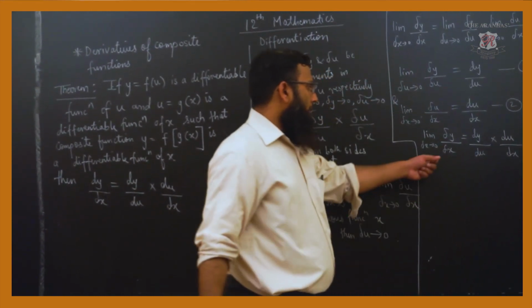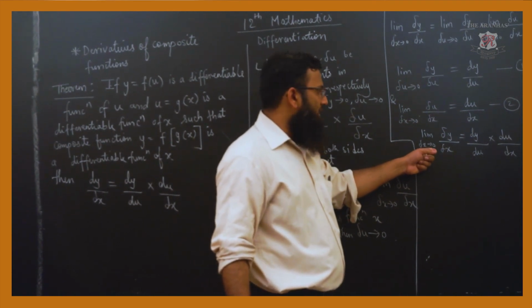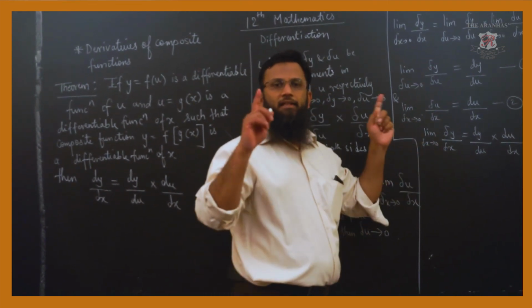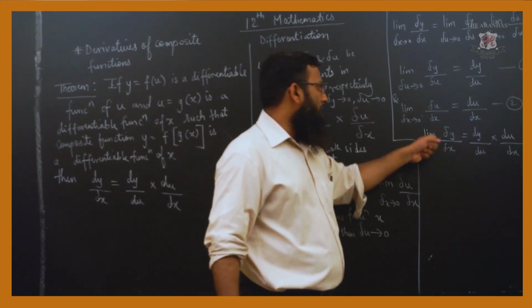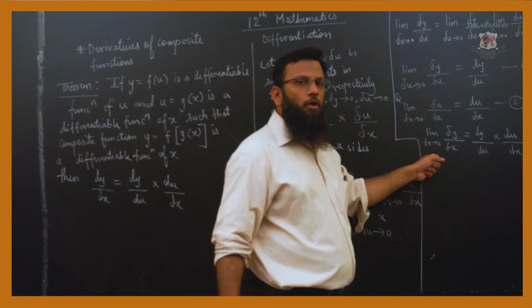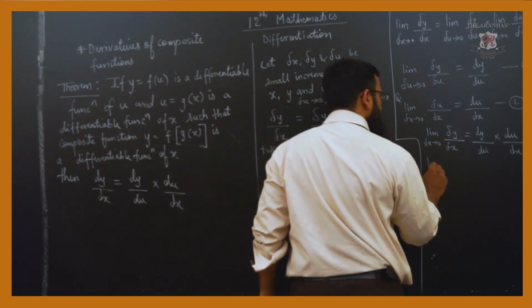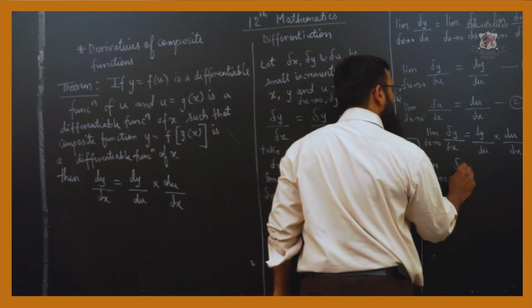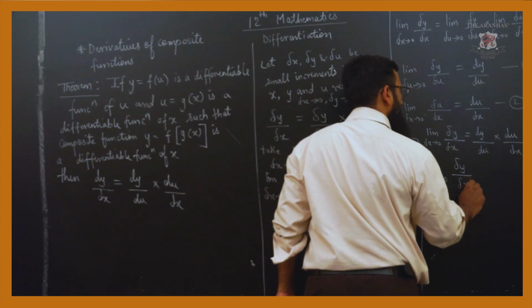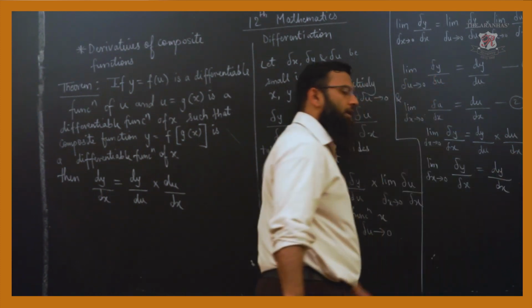Now if you remember, dear students, yesterday while we were discussing the definitions, in the third point I told you already that limit delta x tends to 0, delta y by delta x is nothing but dy by dx.